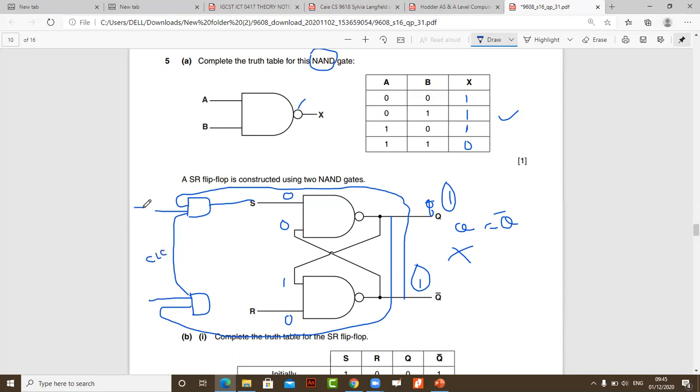So we call this J and we call this K. Okay, JK. Sorry for the mistake.